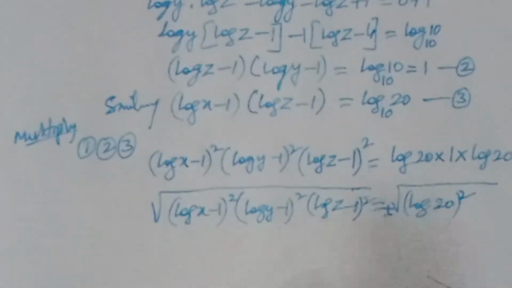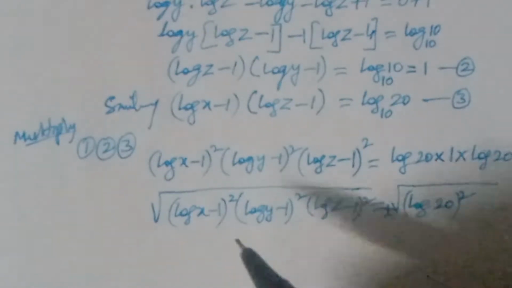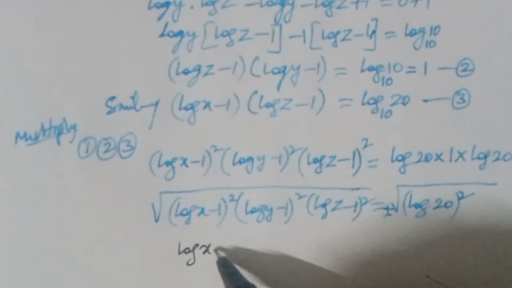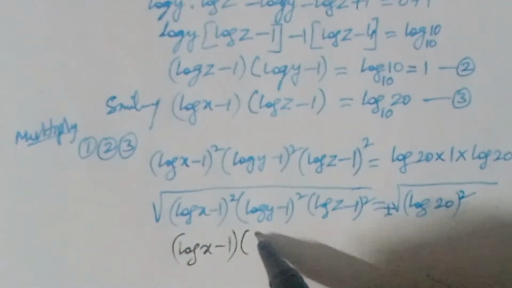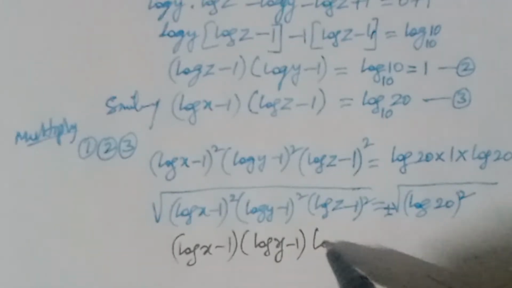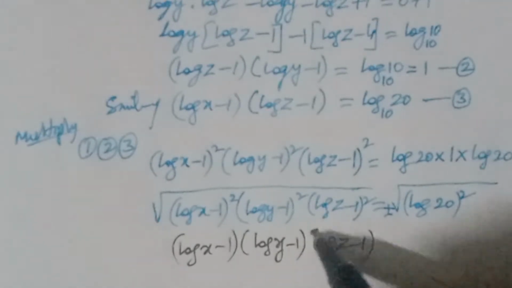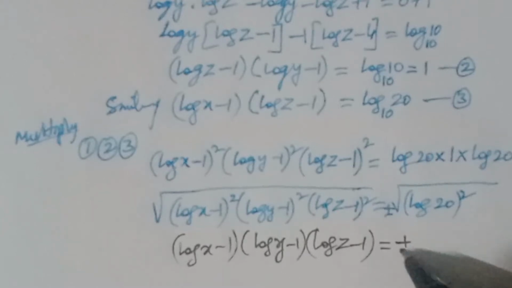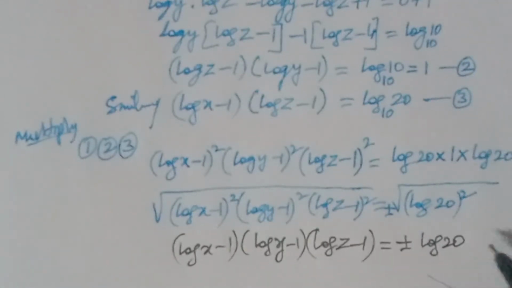So here what you'll get: (log x minus 1) into (log y minus 1) into (log z minus 1) is equal to plus or minus log 20.